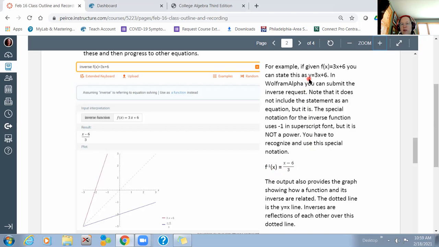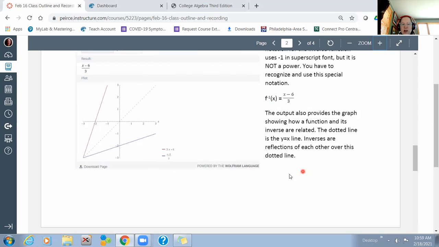So if I started with this function, 3x plus 6, the inverse function would be x minus 6, all divided by 3. So those would be inverses. And you can see how they're related from this output here in Wolfram Alpha. They would be thought of as being reflected through that y equals x line.